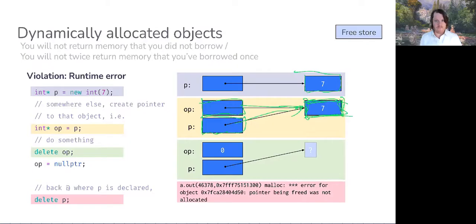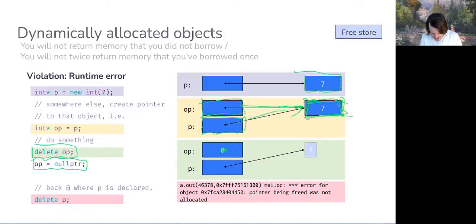I'm going to return it. And I'm going to do so by calling delete on the address stored in OP. So at that point, memory for that object storing 7 has been deallocated. And just to be complete, you say, okay, OP is not pointing to that anymore. So it takes care of the dangling pointer.